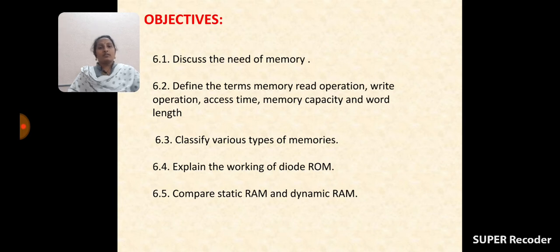While coming to digital electronics, memories are used to store binary information. What is the need of memory? Memories are used to store binary information. And here the memories are made with which kind of devices? Registers. Registers are used to store the binary information in the memory.